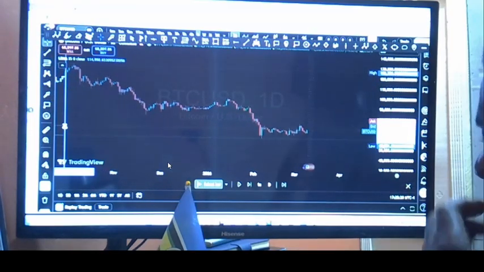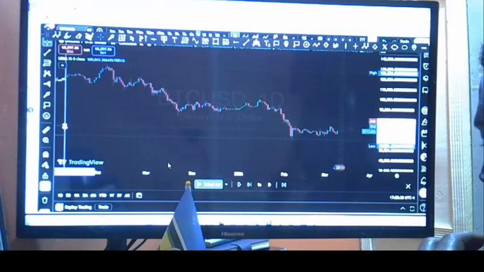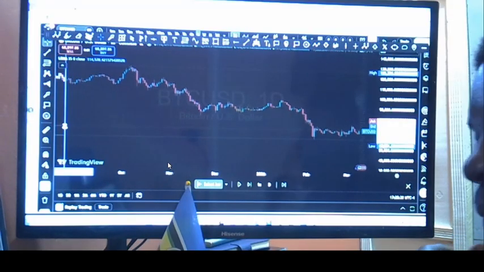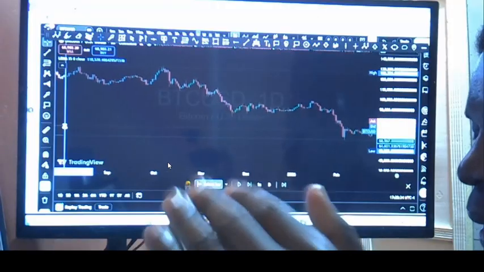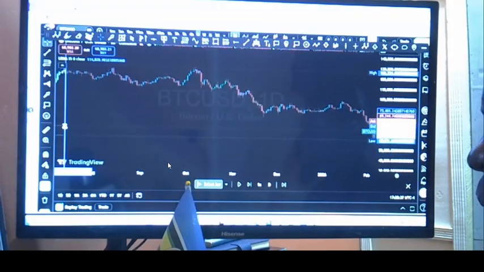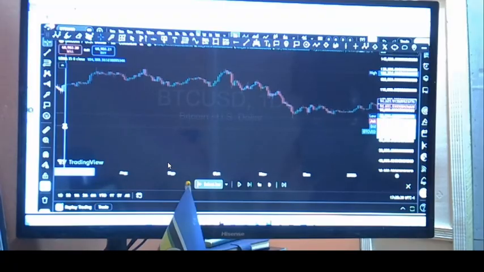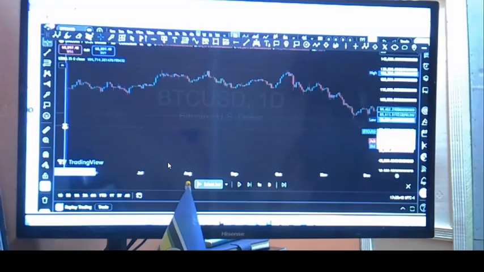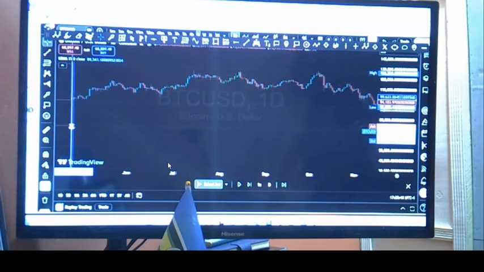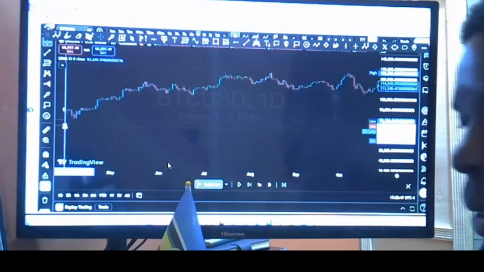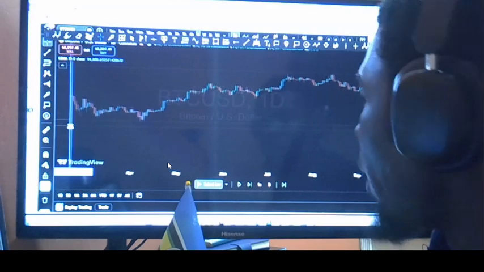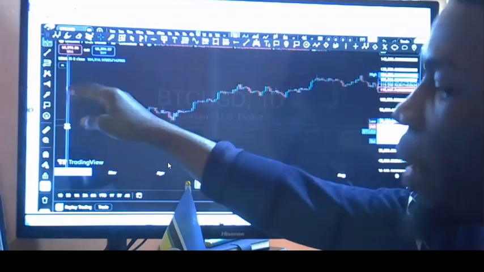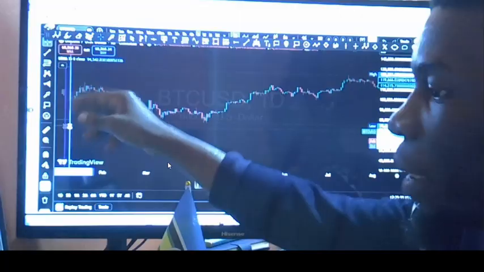So let me take it back to 2024. I've just used my left arrow key to look for the price action from this month backward. As you can see, it's just going backward. So I'll just click more.